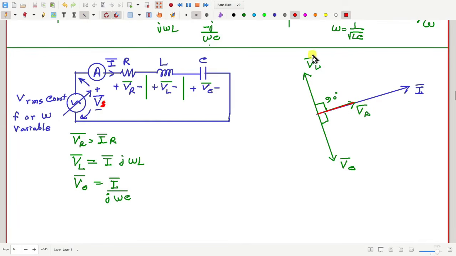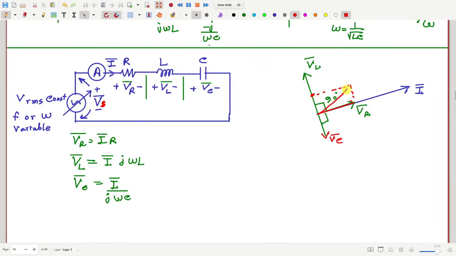But for any other frequency, suppose VC is smaller, if VC is here, then when we add VL and VC, the upper side is longer, so it will be somewhere here, I guess, plus VR.